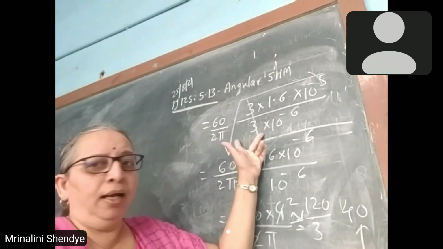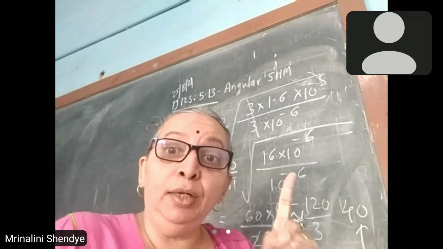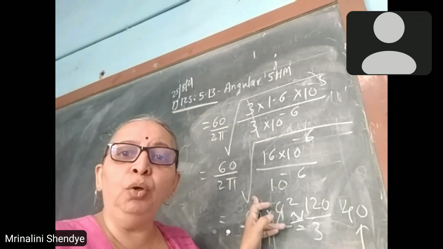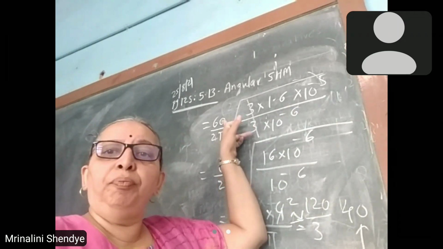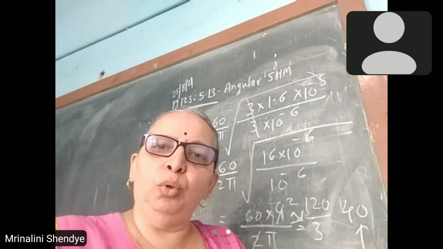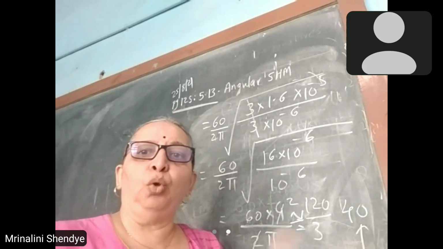Only be careful. Frequency is oscillations in unit time, that is in 1 second. They have asked you for 1 minute. So after finding frequency, you have to multiply the last answer by the number of seconds in 1 minute. So don't get jumbled.